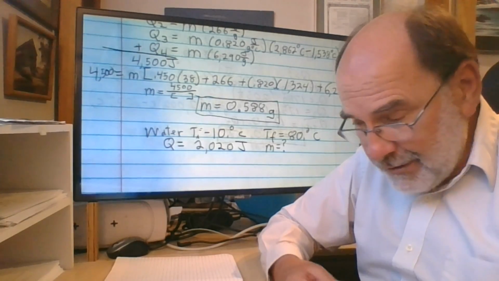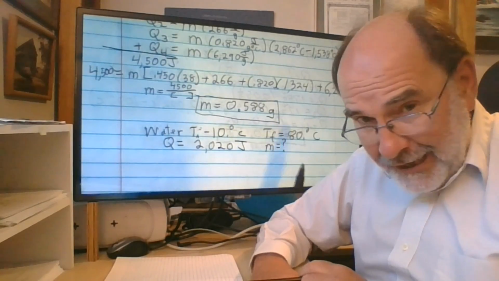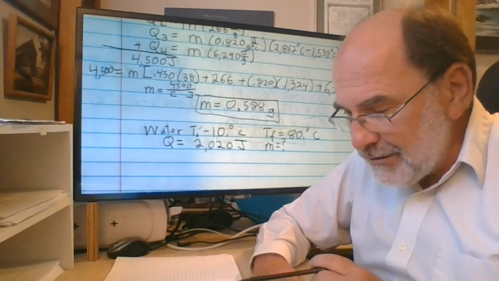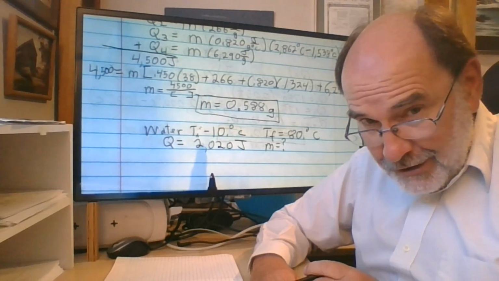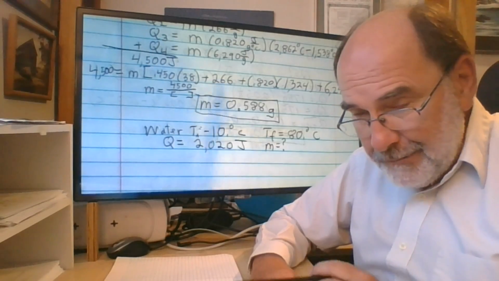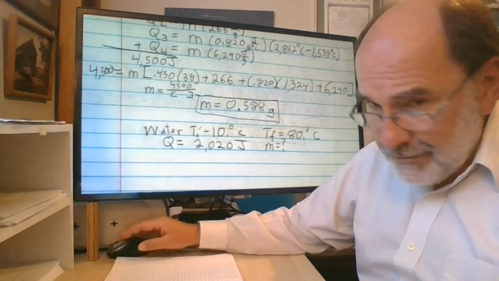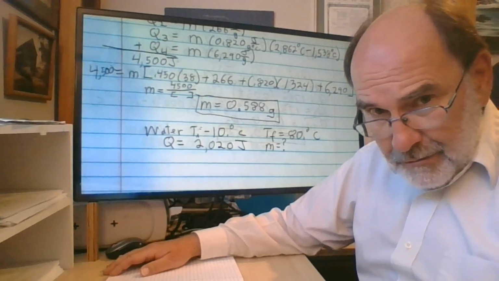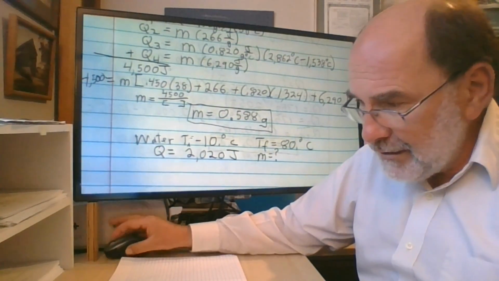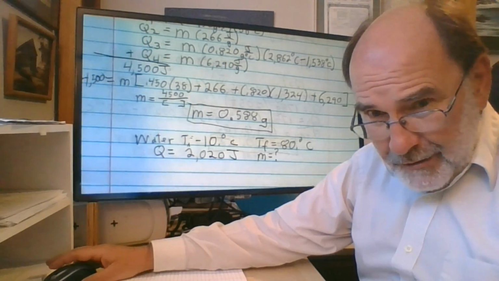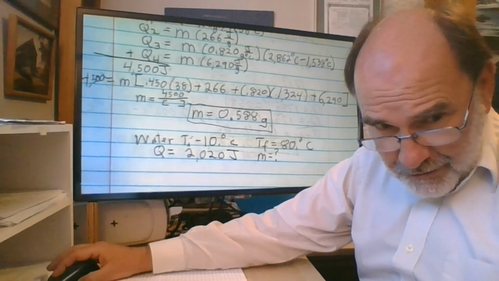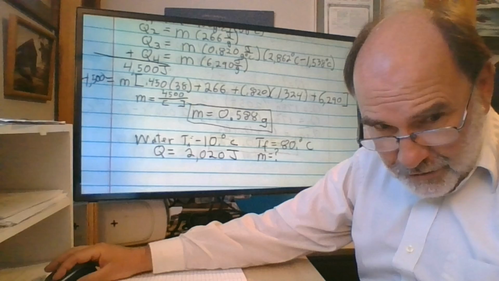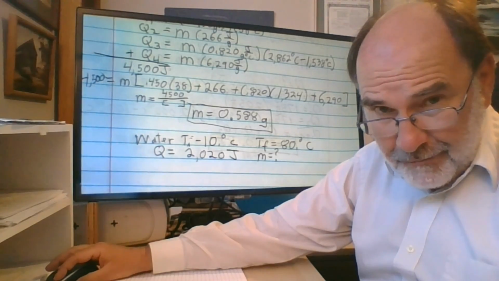I want to heat that water to a final temperature of 80 degrees Celsius. And to do that, I'm going to use 2020 joules of heat energy. Calculate, please, how much mass does it take to do that? I'm kind of tempted to pause this because you should be pausing it too. So, sure, pause like me.